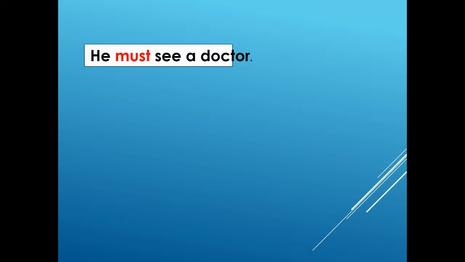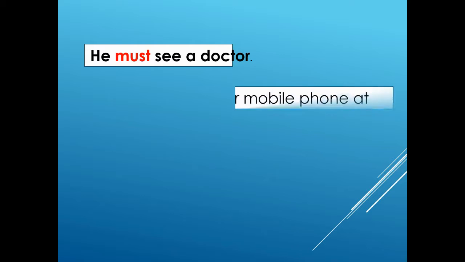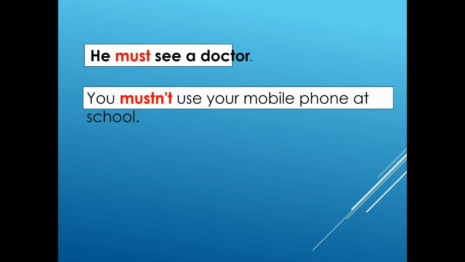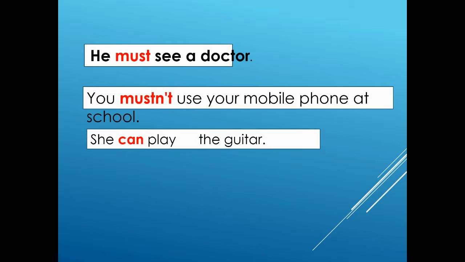Let's move to the next slide. Here we have he must see a doctor. We have as well you mustn't use your mobile phone at school. And we have another sentence here: she can play the guitar. The modals in these samples are must, mustn't, and can.